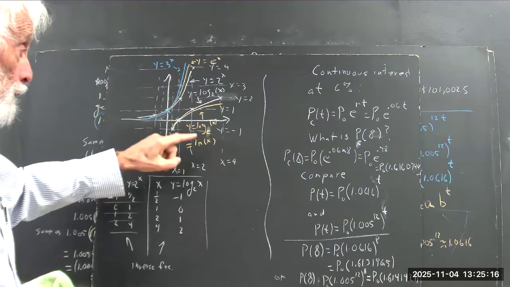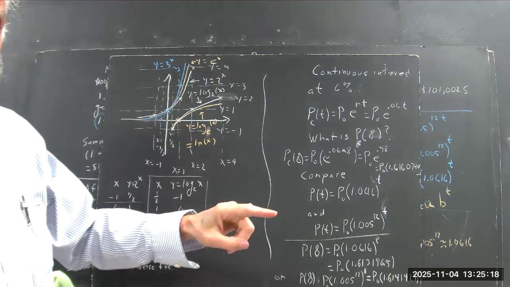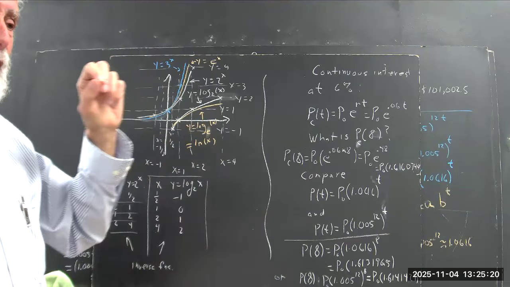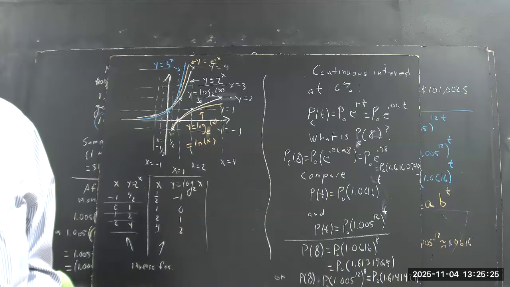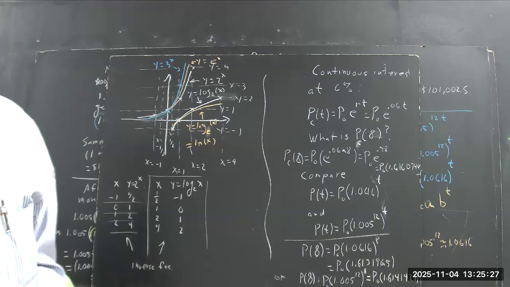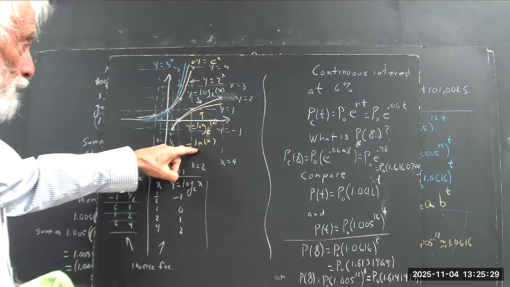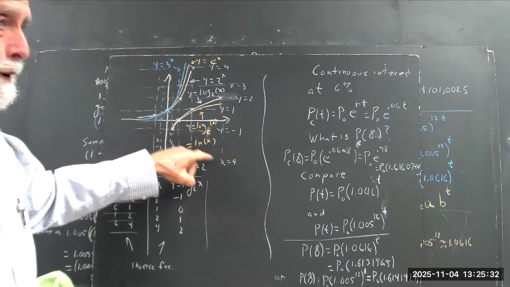Log base e of x is also called the natural log of x, because e to the x is the most natural function in the universe. And this is the most natural logarithmic function in the universe.